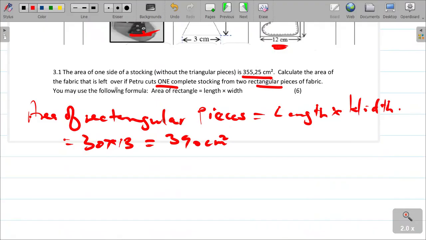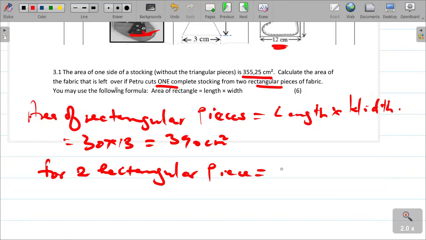So we are saying the total area for two rectangular PCs is equals to 390 times 2, which is gonna give us 780 square centimeters.